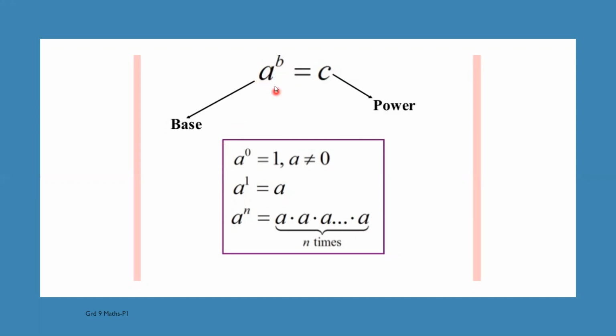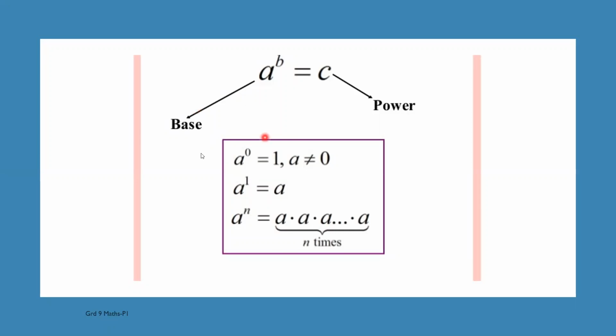Then c is the result. Say, for example, if a was 2 and b was 3, then it would have been 2 to the power of 3, which means I need to multiply the base, which is 2, 3 times. So 2 times 2 times 2 will be 8. So my result would have been 8.